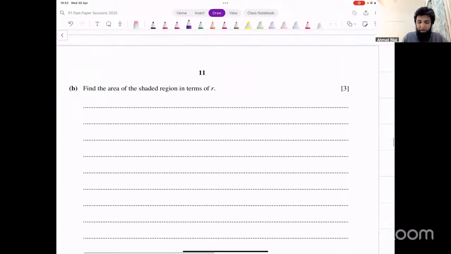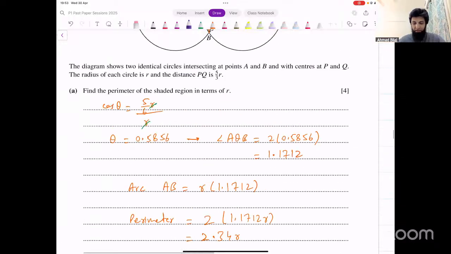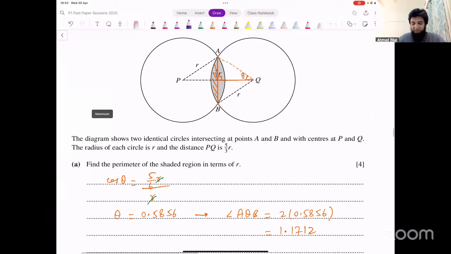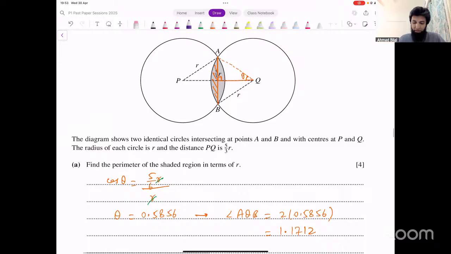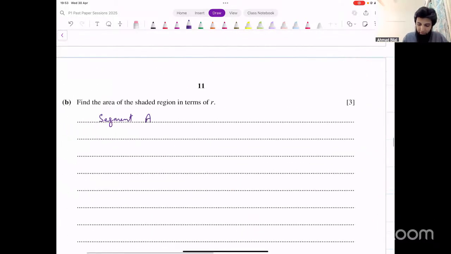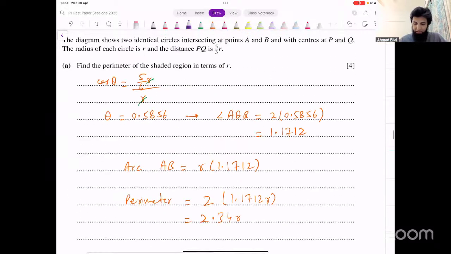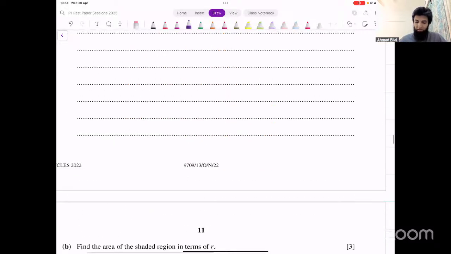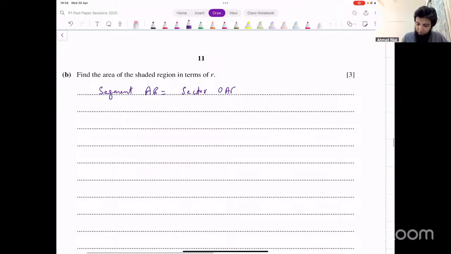You can use the direct segment formula if you want. If you remember that, that's half R squared times inside bracket theta minus sine theta, or you can just evaluate sector and triangle separately and subtract them. That's also fine. So segment AB is equal to the area of the sector OAB minus the area of triangle OAB.